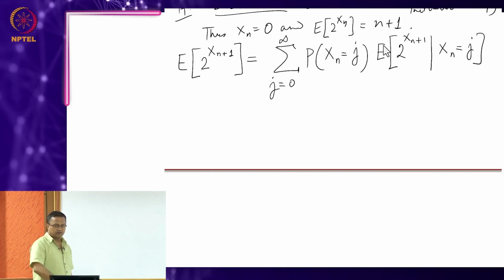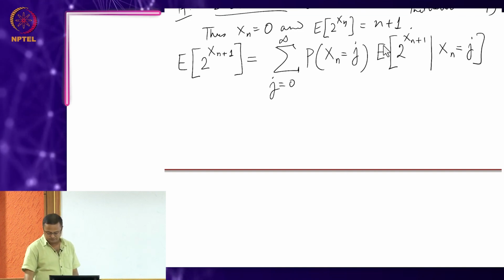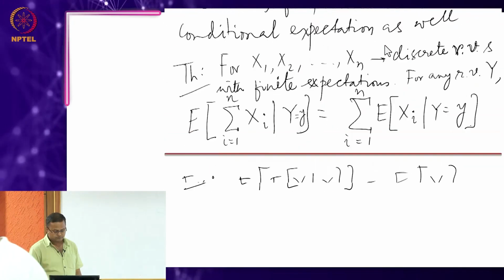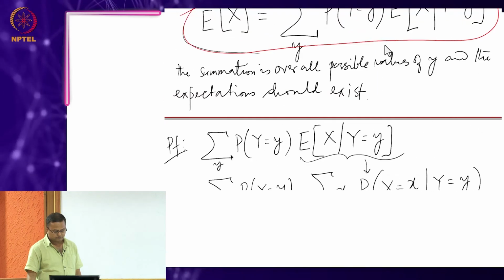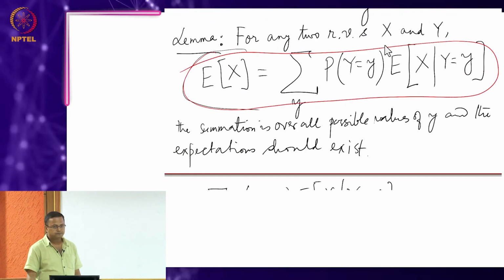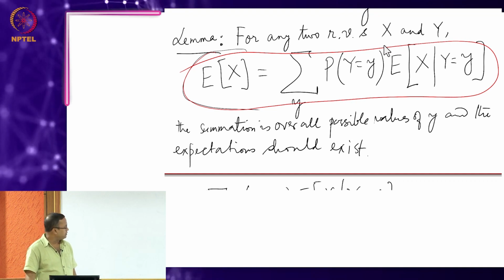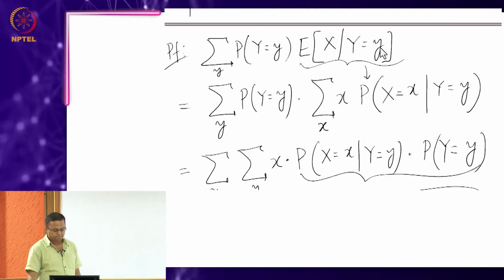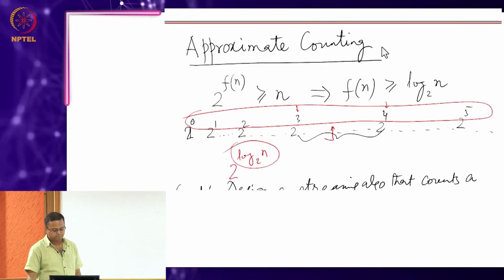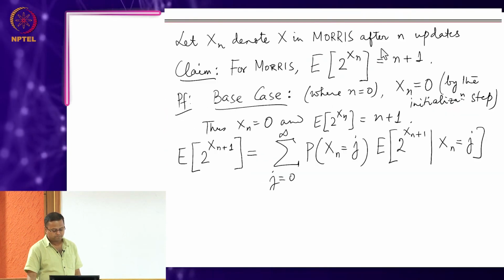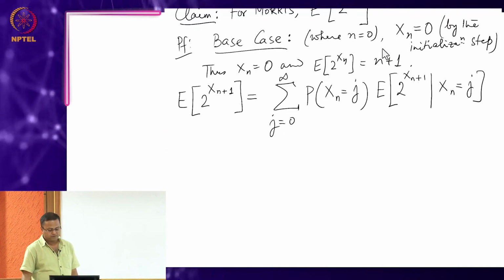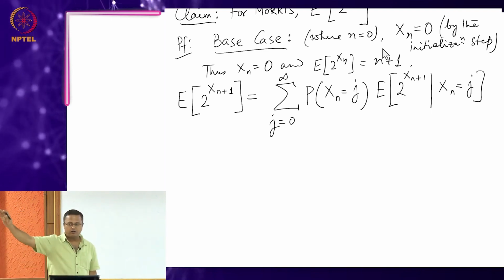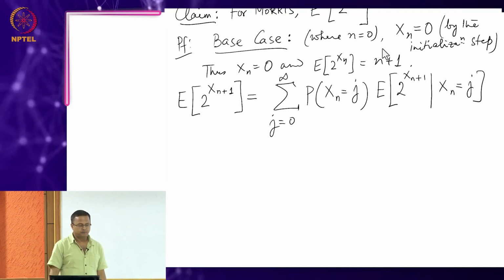This is just the definition that I did. Just remember this. It is just this one: probability of y into expectation of x conditioned on y. As I said, you sum over all possible values of j. I am summing over everything.